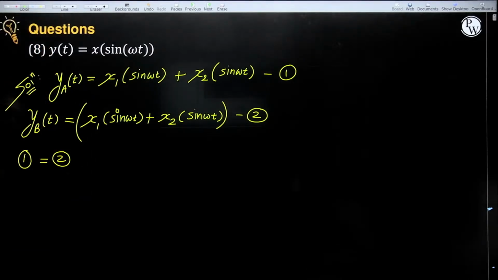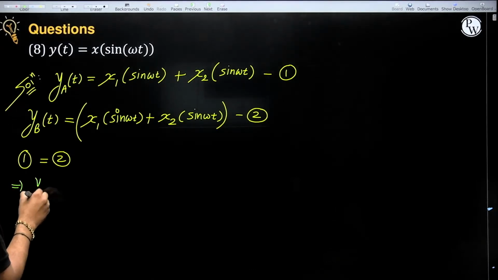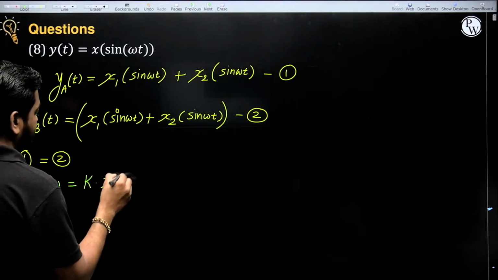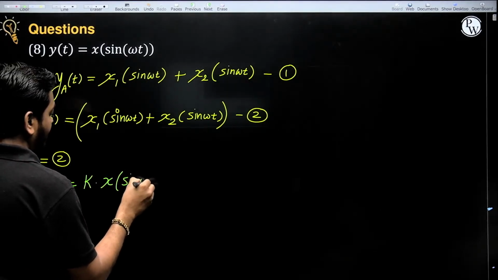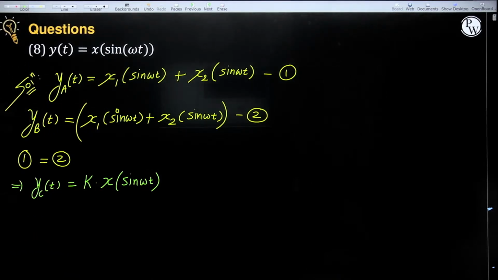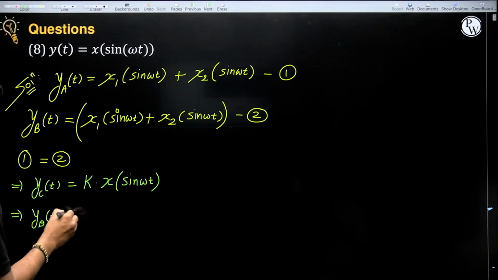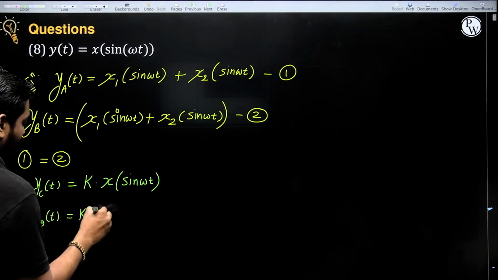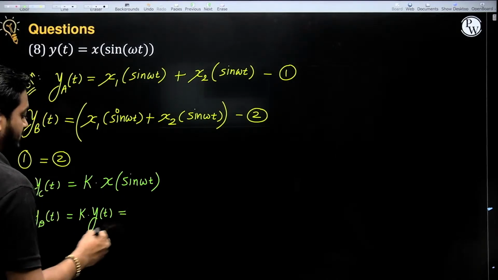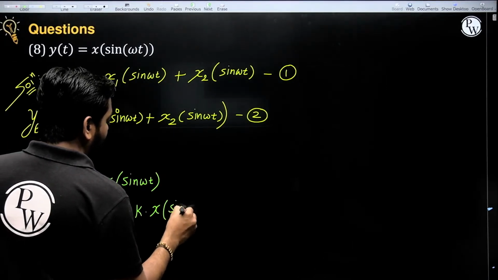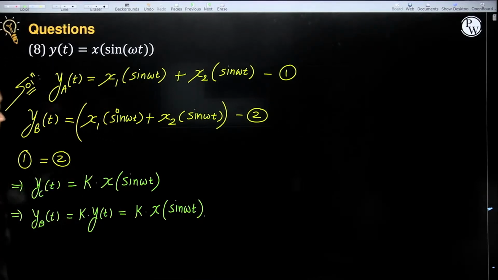Now we can check the homogeneity theorem also. So here yc of t equal to k x sin omega t, and yd is also the same, guys. yd of t is equal to k y of t, which equals k x sin omega t. Correct?